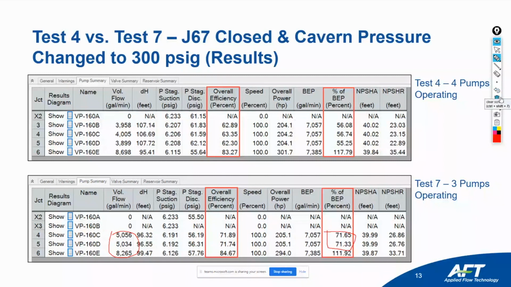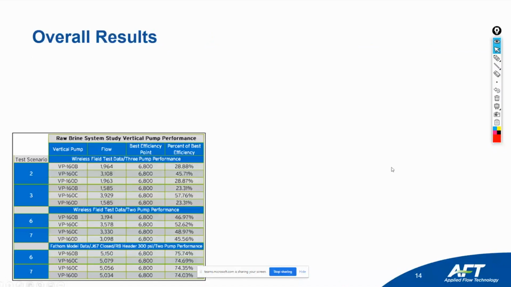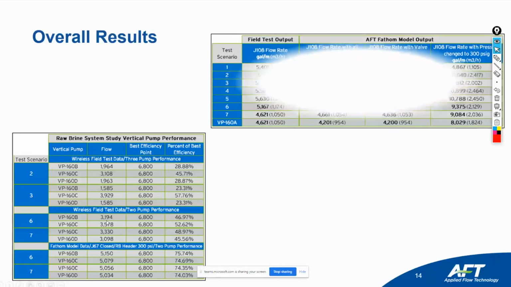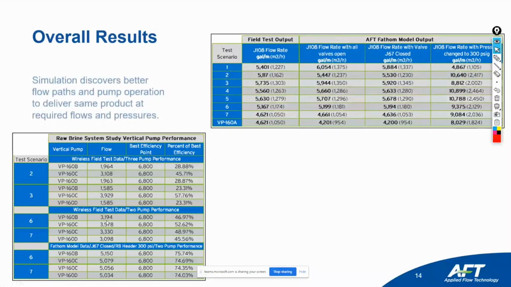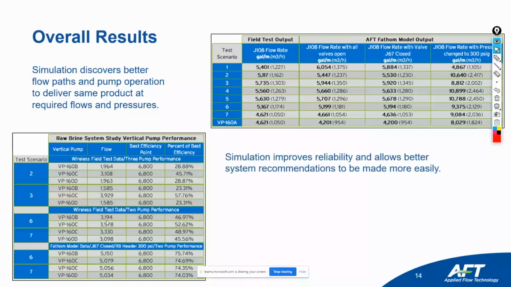So that was a significant increase, and in the end, they're able to get much better operation after doing the analysis. So here are all the different test scenarios that they looked at, and they're able to still maintain the required flows the system needed, and better flow paths and pump operation helped reduce those failures that they continually were seeing.